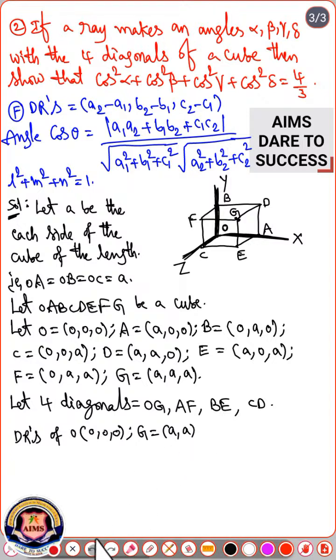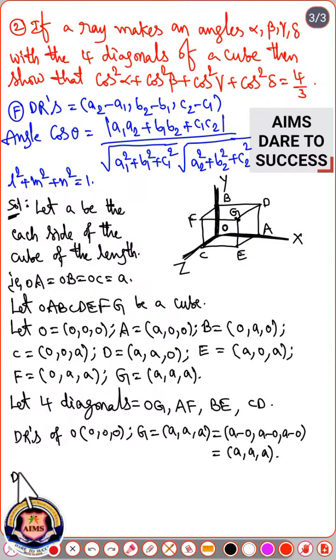The direction ratios formula is a2 minus a1, b2 minus b1, c2 minus c1, that is a minus 0, comma a minus 0, comma a minus 0. That is a, comma a, comma a. Why? Because a minus 0 is a.